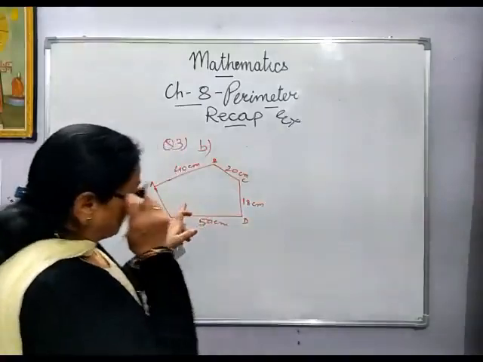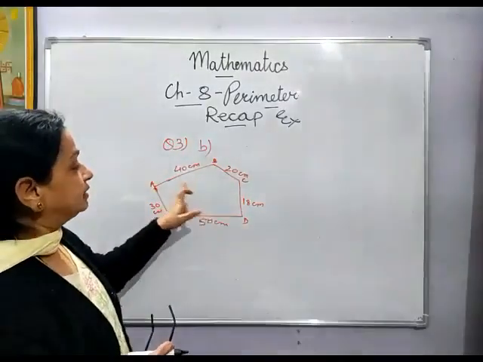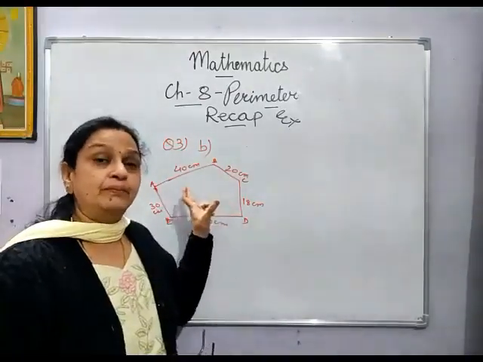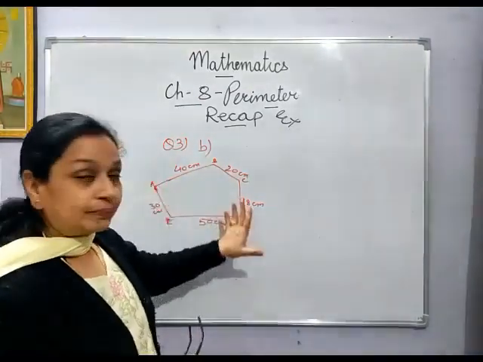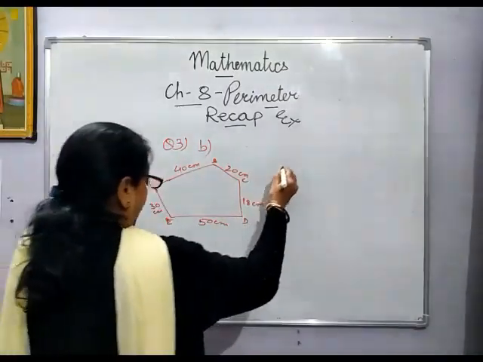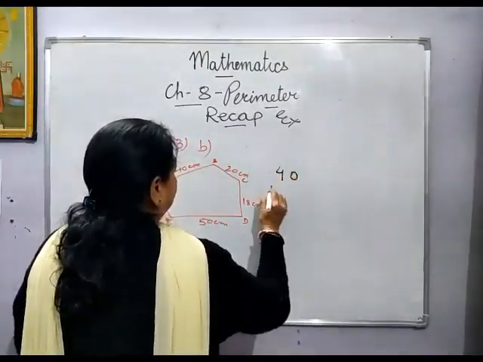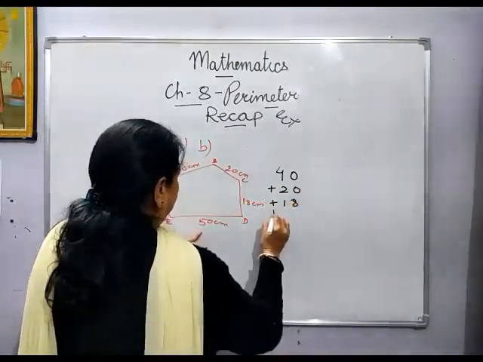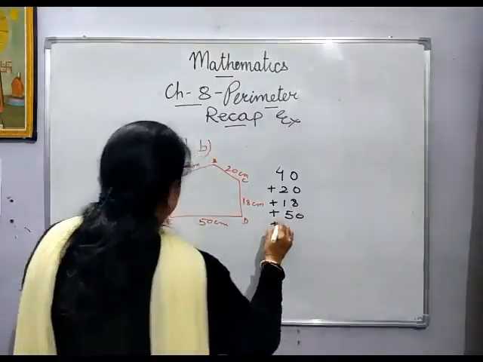I have told you that perimeter is the total length of the boundary of any object or any plane figure. Now we will add these measurements: 40 plus 20 plus 18 plus 50 plus 30.